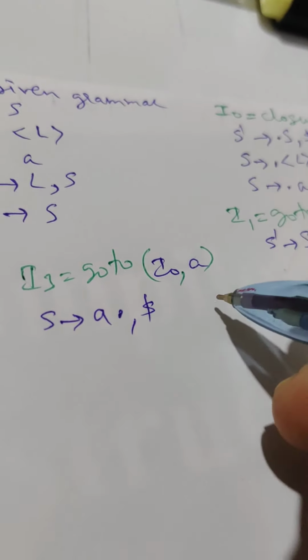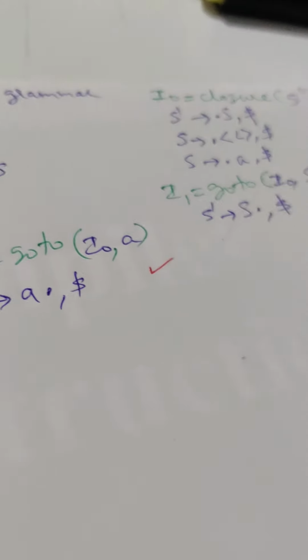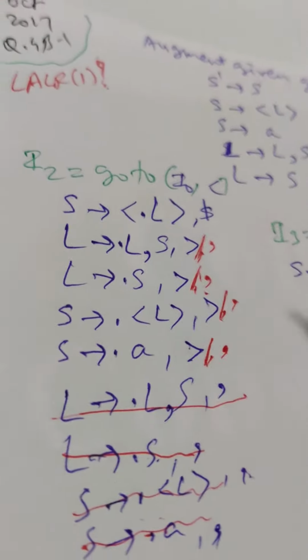Okay, now after this, the less than sign is over, I1 is already over. Now let's go for I2.